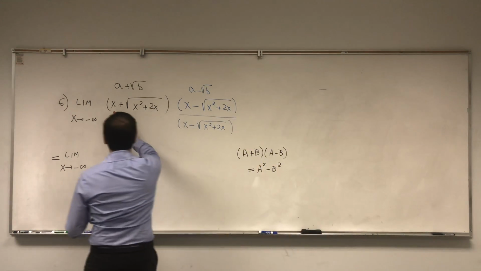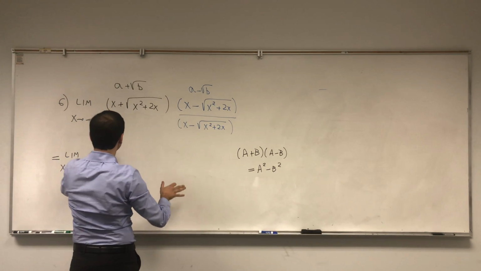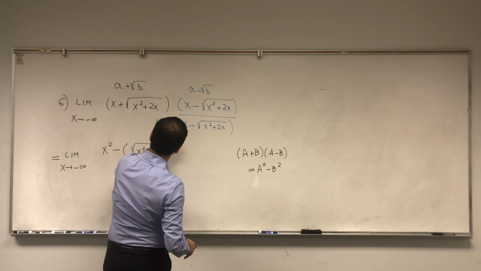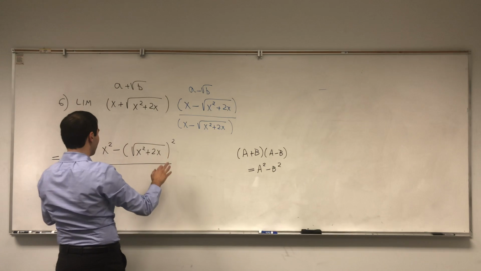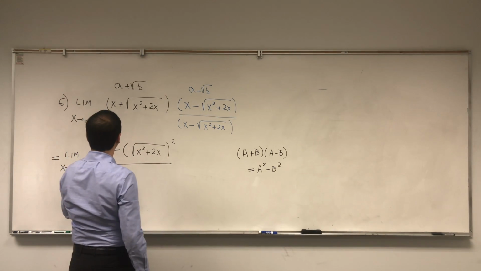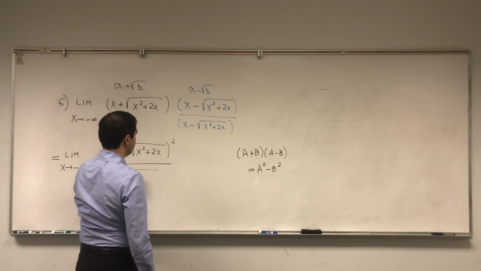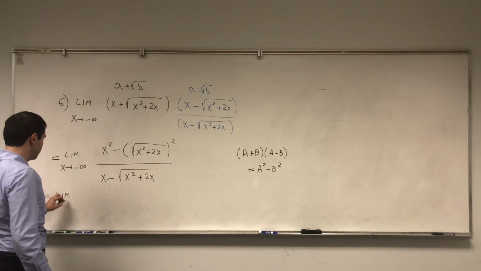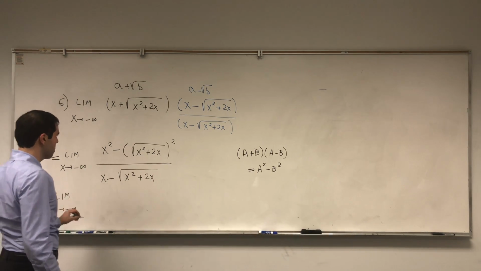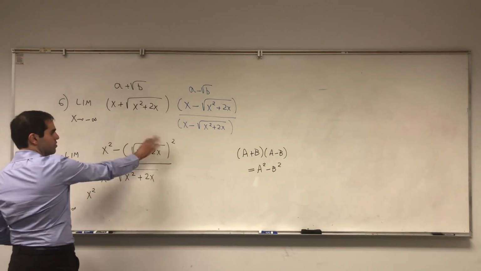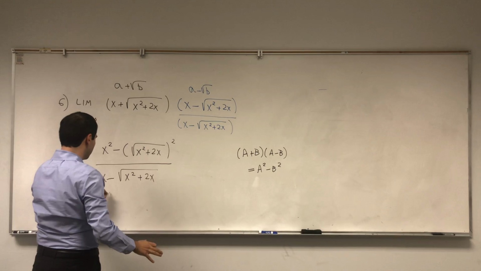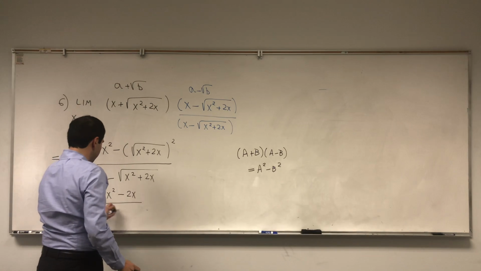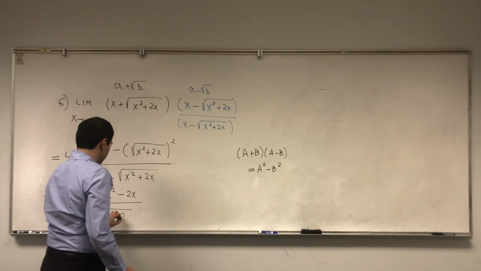So in this case, what we get is now the numerator becomes x squared minus square root of x squared plus 2x, squared, and you have x minus square root of x squared plus 2x. Which simplifies in this case. So limit x goes to minus infinity of x squared minus the square root squared is just that number. So minus x squared minus 2x over x minus square root of x squared plus 2x.